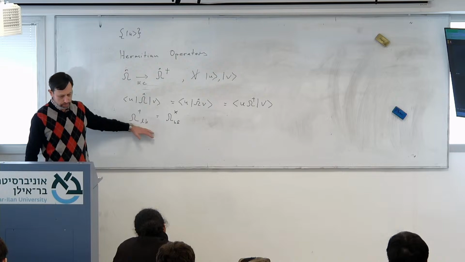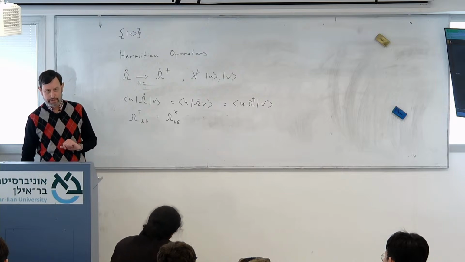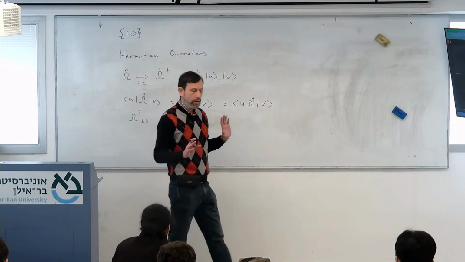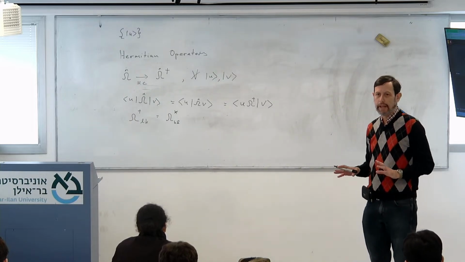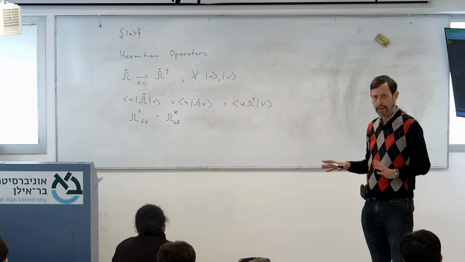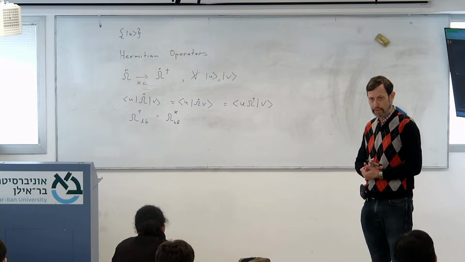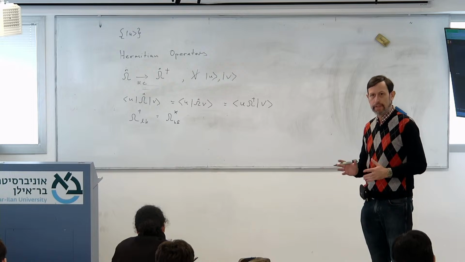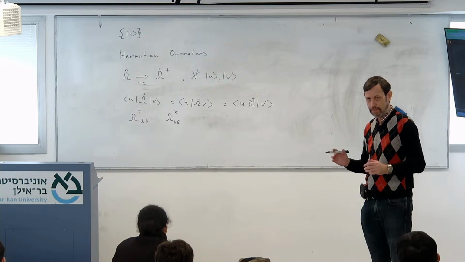Okay, so that's a definition and we'll use it shortly. At the moment I have all the language that I need in finite dimensional vectors and operators, except I still didn't define eigenvalues and eigenfunctions.